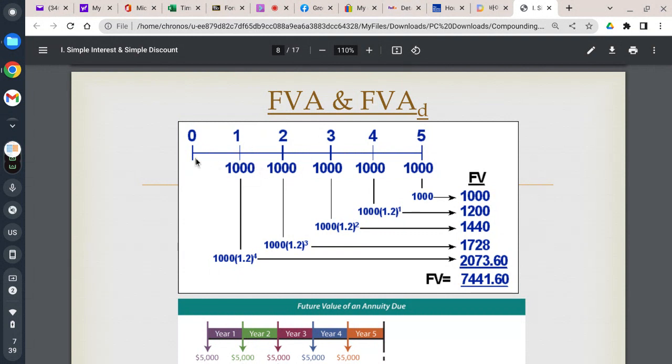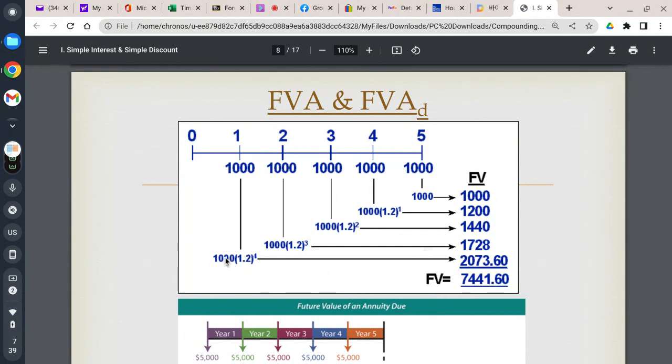Now, in this example, the timeline is 5 years. This is a very simplified example, and you make a $1,000 deposit at the end of each year. The interest rate is 20% a year, APR 20%. Then what are you going to have at the end of 5 years?